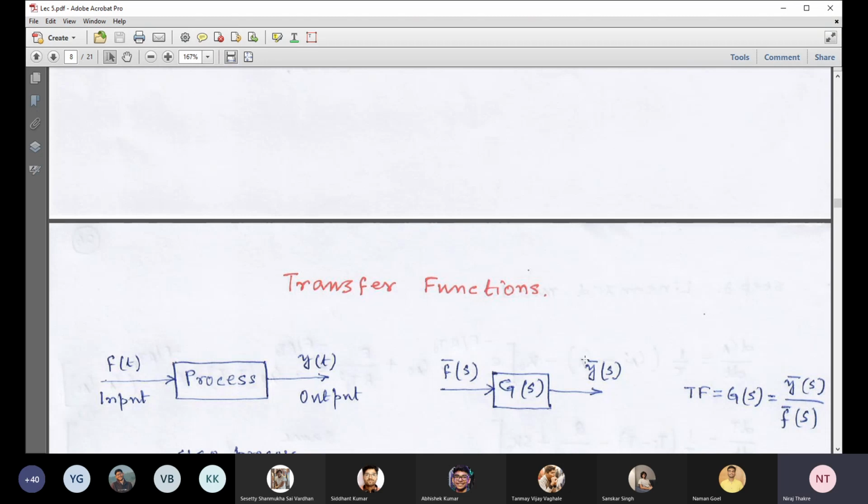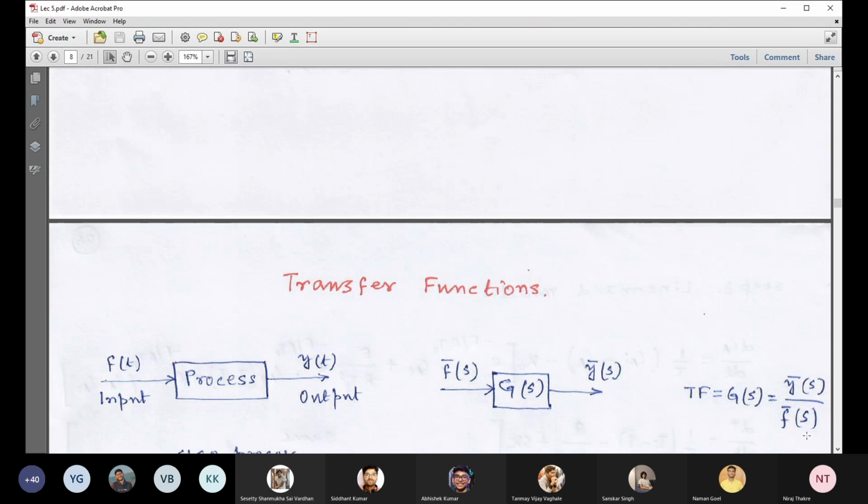Fine. Now you see this input function we can transfer in terms of the output variable y with the use of the transfer function, which we represent by G of s. This TF is the transfer function. Transfer function is represented by G(s), that is the output in Laplace domain divided by the input in Laplace domain.